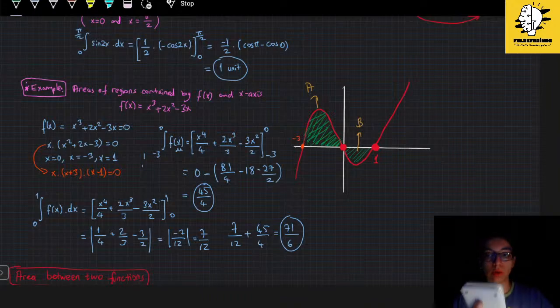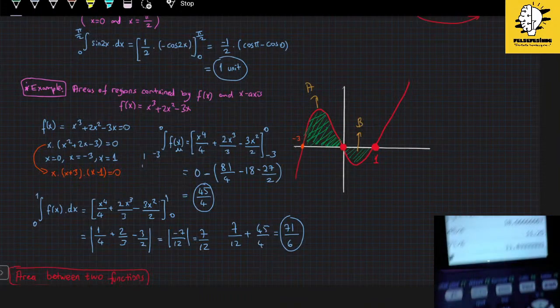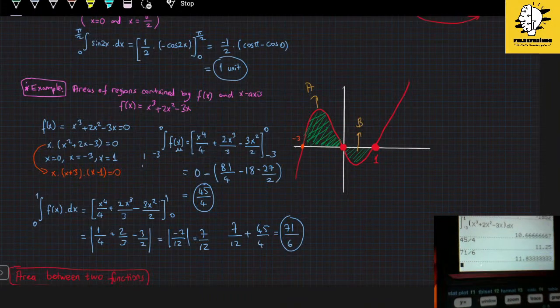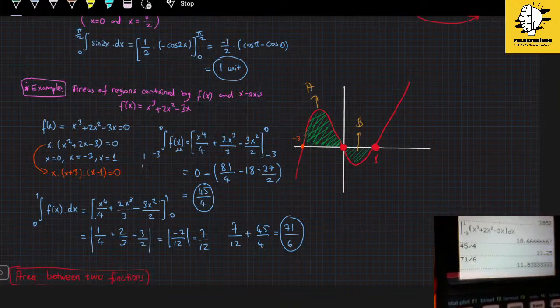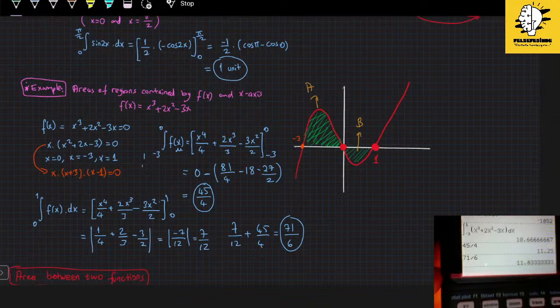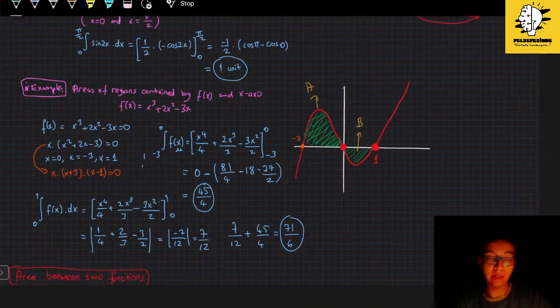Okay, so now do you see? Look at the top one, okay? I took directly the integral from -3 to 1. Do you see how it is 10.7 and our answer is 11.83? And now I will use a trick to show you how we are in fact right.